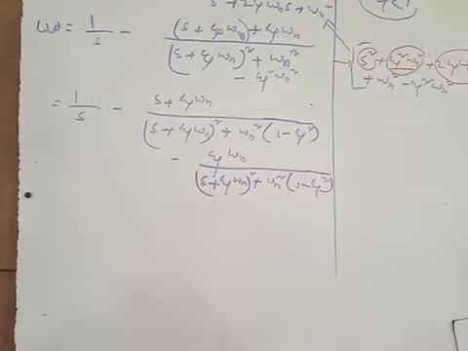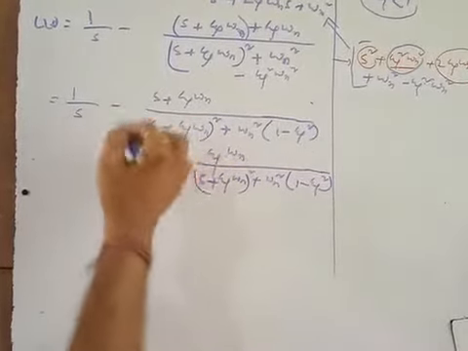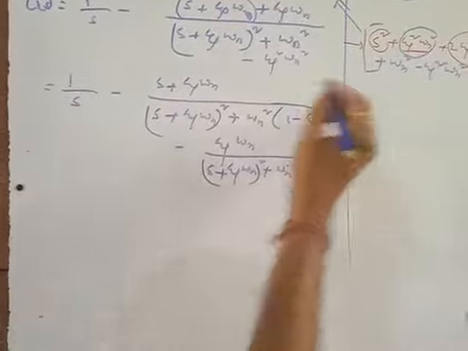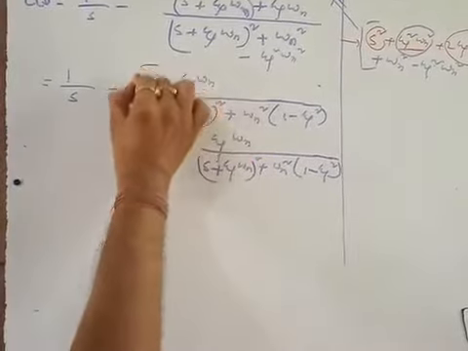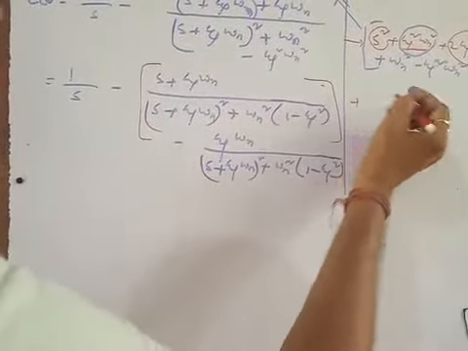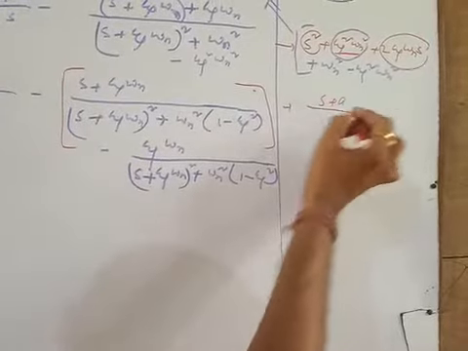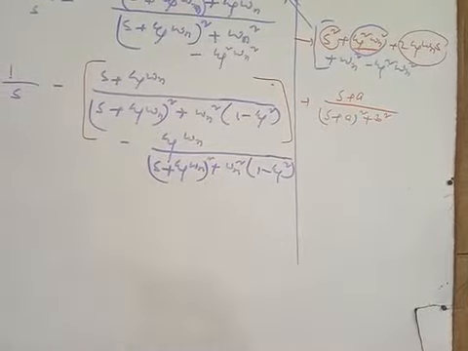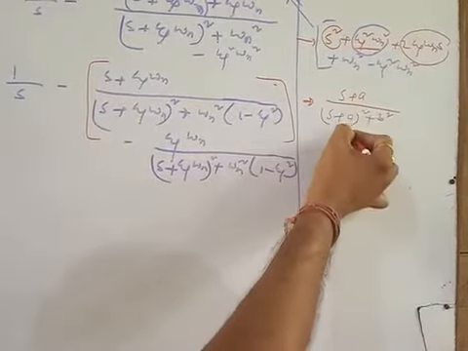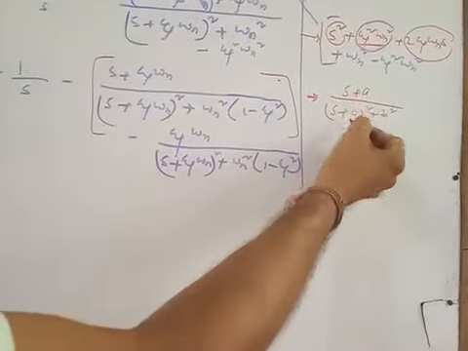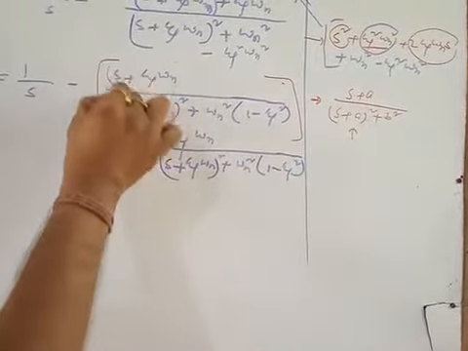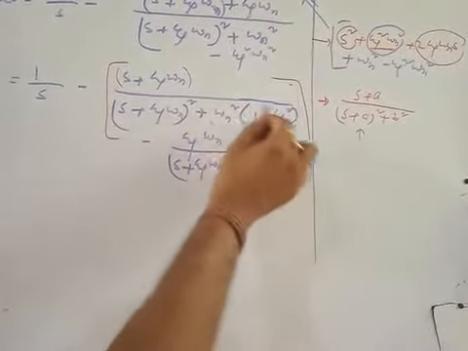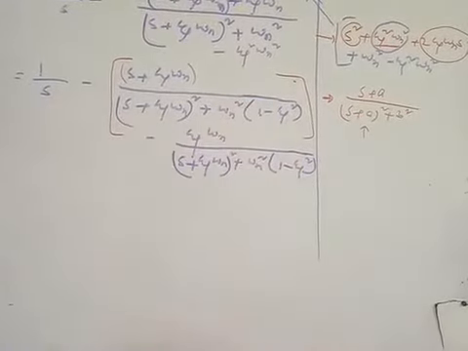Okay, now is there any similarity with the standard form of Laplace transform? If you see only this term, the standard form is s plus a by s plus a whole square plus b square. This is the Laplace transform of a certain time domain function, right? So this s plus a is s plus a whole square plus b square, so it should be expressed in terms of b square, right?